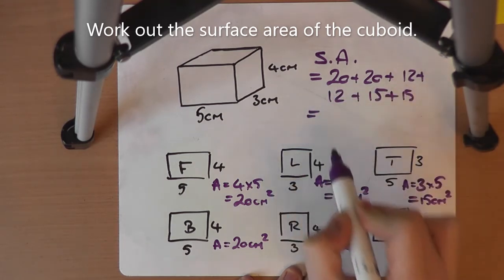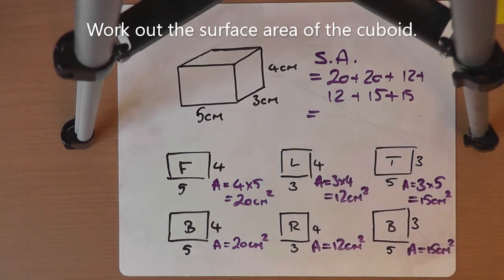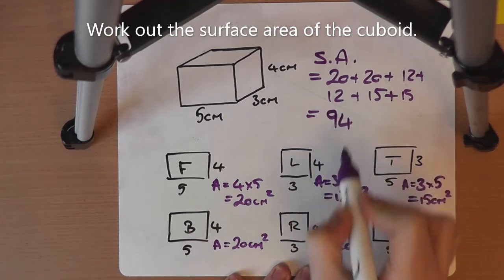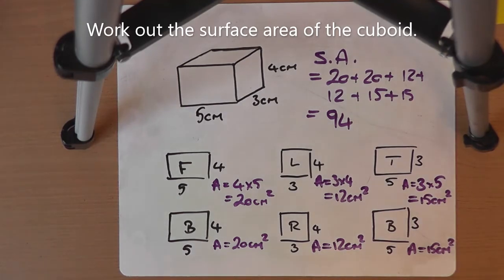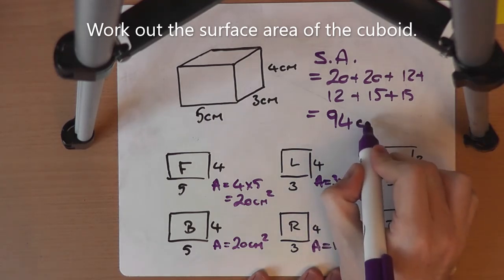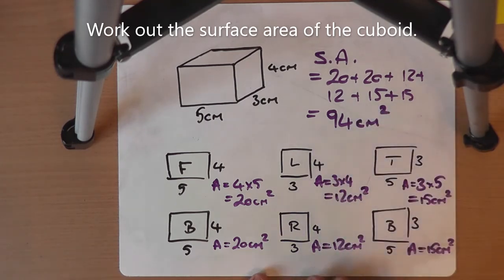Add those all together. 20 and 20 is 40. 15 and 15 is 30, so that's 70, plus the 12 and 12 comes to 94. 94 what? Well, in spite of this being a 3D shape, we are talking about surface area. We've been looking at areas all the way through, so our units are going to be area units of centimetres squared, and the surface area is 94 centimetres squared.